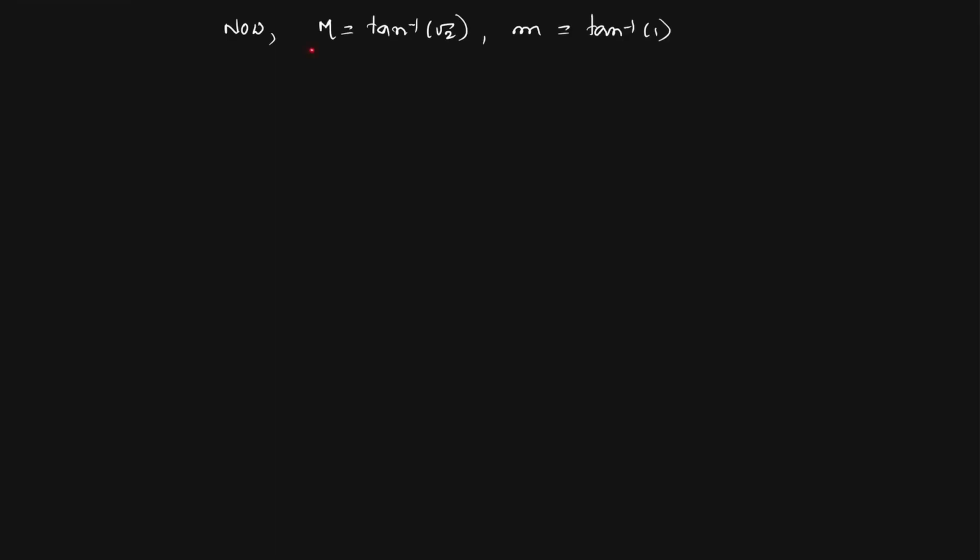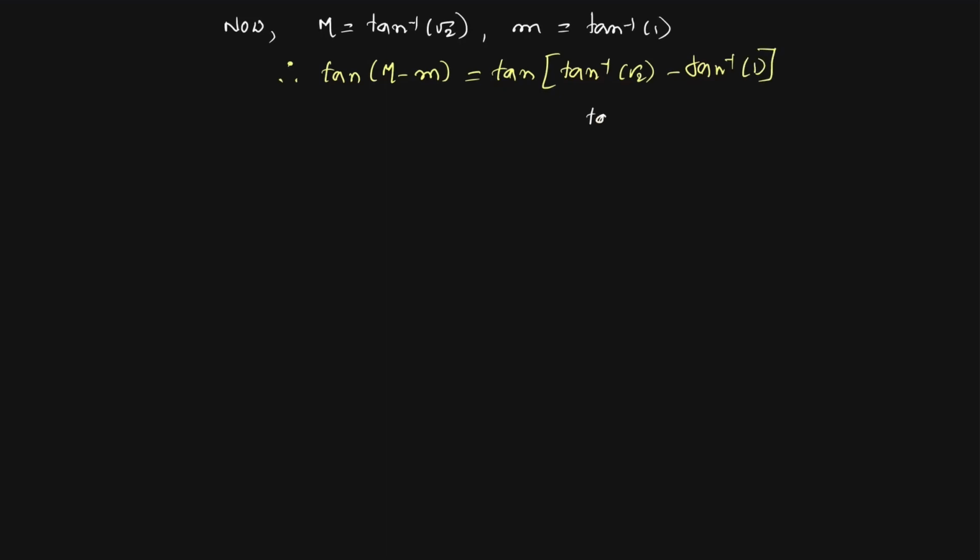Now our maximum value M, which is tan inverse root 2, and the minimum value small m, which is equal to tan inverse 1. So therefore tan of maximum M minus minimum m is equal to tan of tan inverse root 2 minus tan inverse 1.